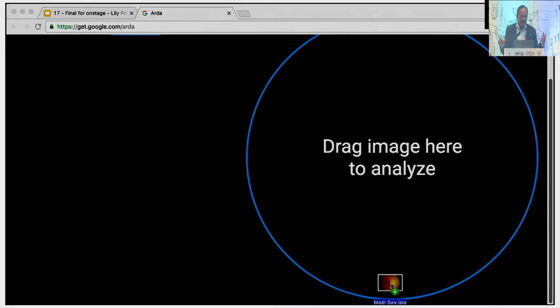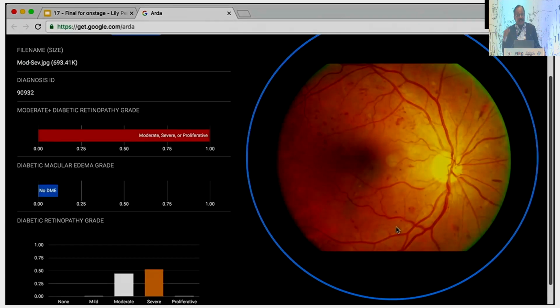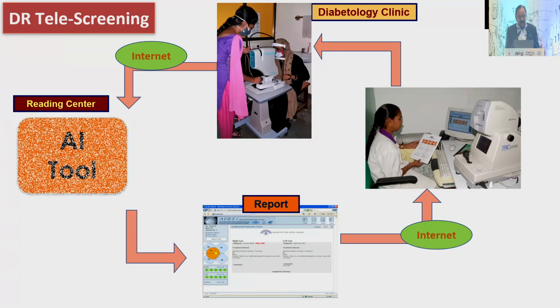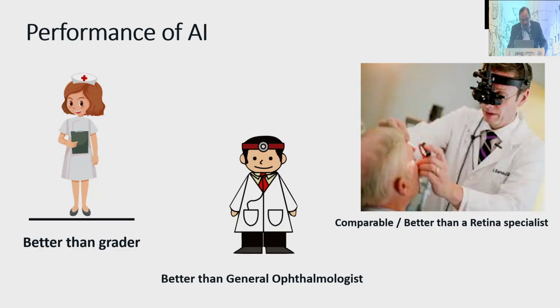So again, Dr. Rajiv showed how AI can help. Just a simple algorithm can grade diabetic retinopathy within a few seconds and give you the report. We have been using this for quite some time, since 2019, where we have replaced the grader with the AI tool, so the physician, without our help, is able to screen. Both of us at Shankar Netralaya and Aravind have done multiple validation studies using this algorithm to show that it is comparable to or better than a retina specialist.